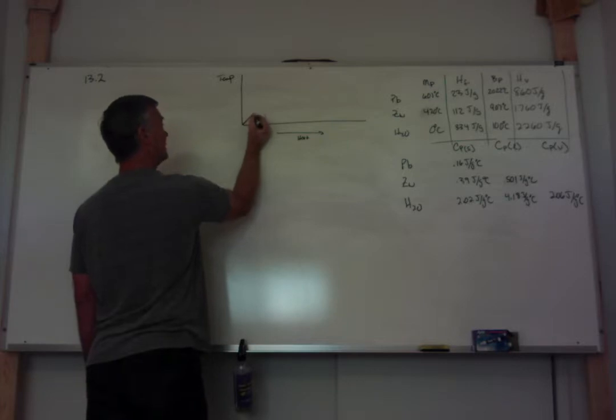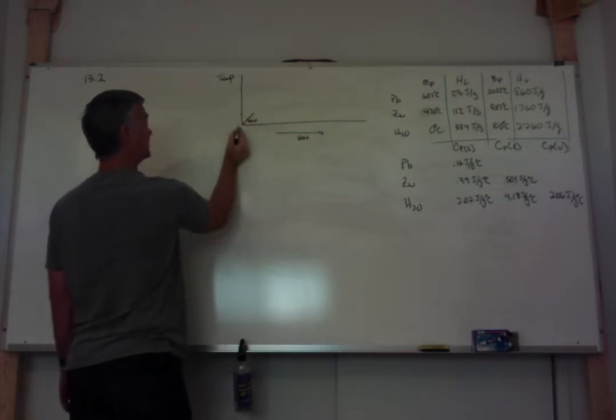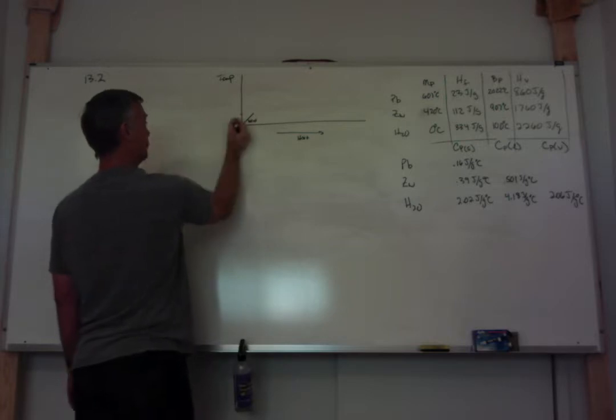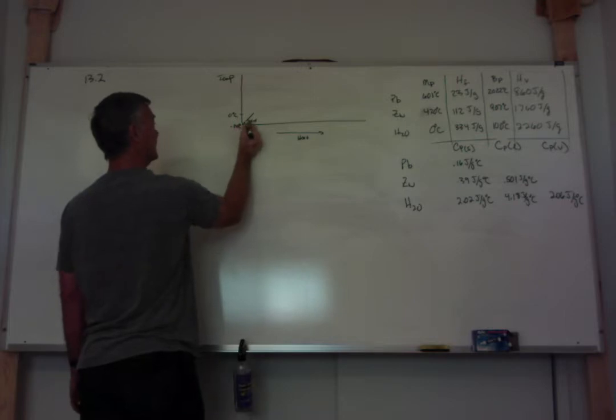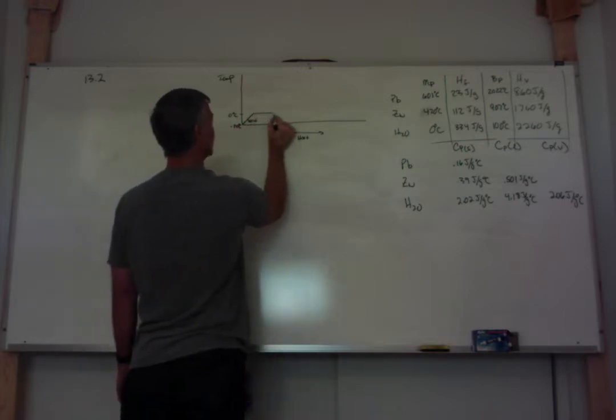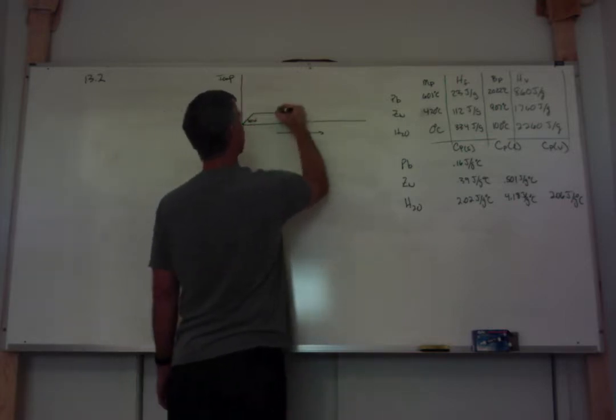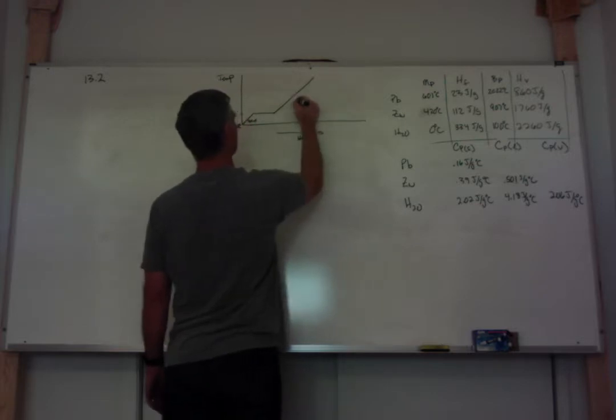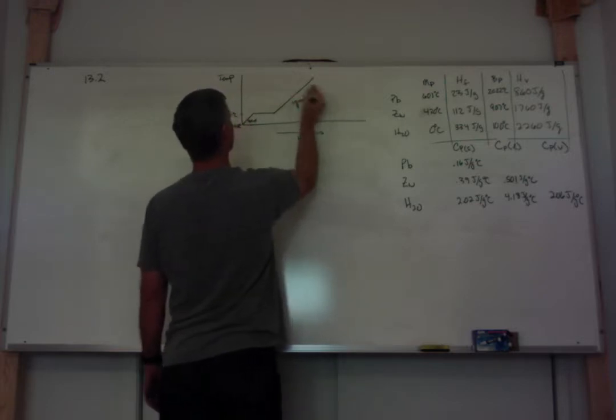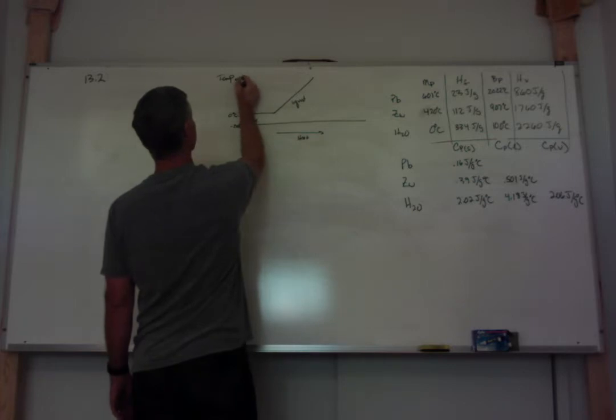You'll have a solid, but notice what's happening. The solid's temperature is going up. For water, this is 0 degrees Celsius. Maybe this is negative 20. And then the temperature does not change. And then the liquid, which is right here, goes up to 100 degrees.